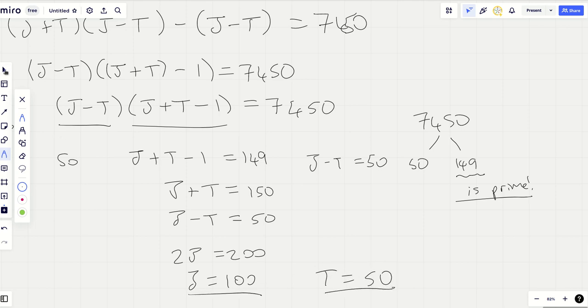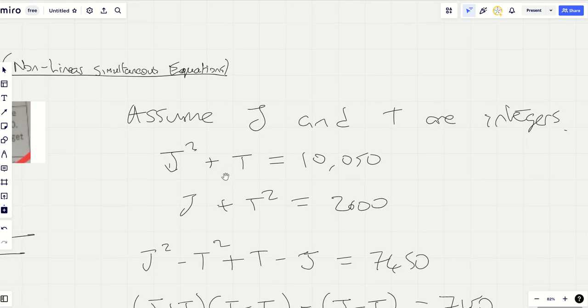And you can check that this does indeed solve the original equation: 100 squared plus 50 is 10,050, and if you do 100 plus 50 squared, well, 50 squared is 2,500, plus 100, you get 2,600, yeah?